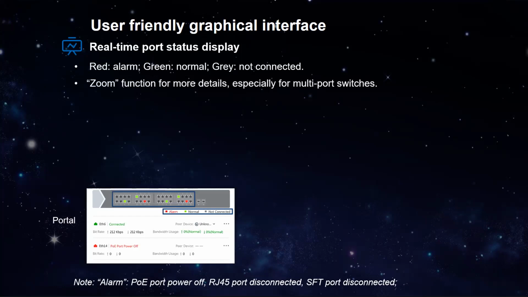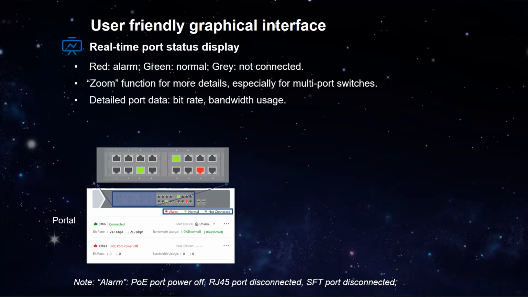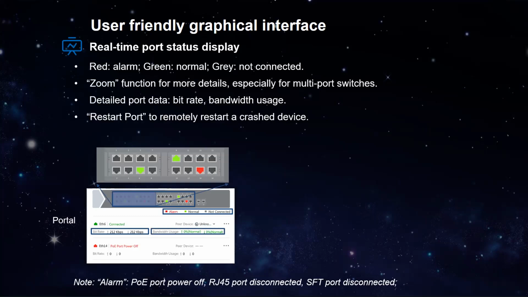We'll look at the larger view when we get to the live demo. If you zoom in, you'll be able to see that. If you've got a lot of systems, like multiple switches or 24-port switches, the larger systems, it's just easier to dial into. You can see the detailed port data, bitrate, and bandwidth usage per port, and we can restart the ports as well, individually.